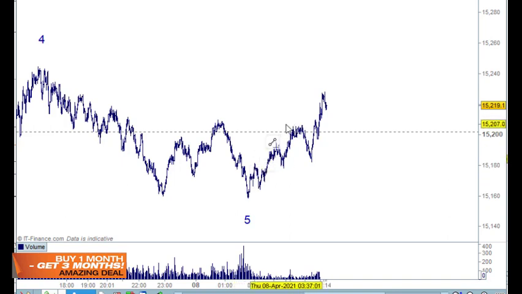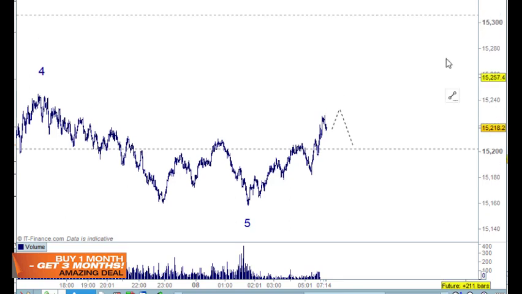It still can be an A wave to here and a B wave and a C wave to here, and fail from that point and come down. That's why I'm waiting for that high to come in here a little bit further. The other point here too, 15,000, so we've got 15,100, 200 and 300. That's minor group 1.